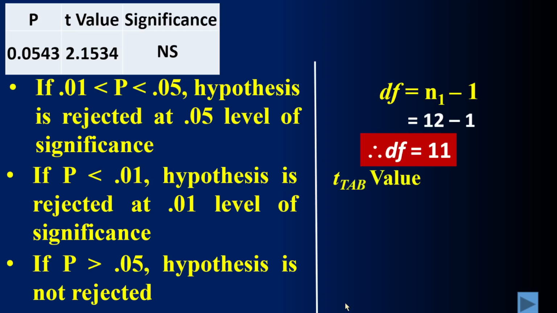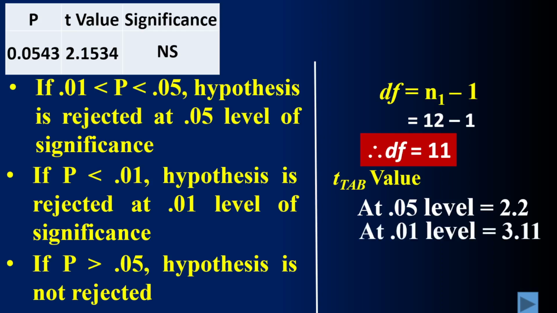Now the t table values that we have seen: at 0.05 level it is 2.2, at 0.01 level 3.11. Friends, our t value is 2.15. That is smaller than 2.2, the required t table value at 0.05 level. So hypothesis is not rejected.